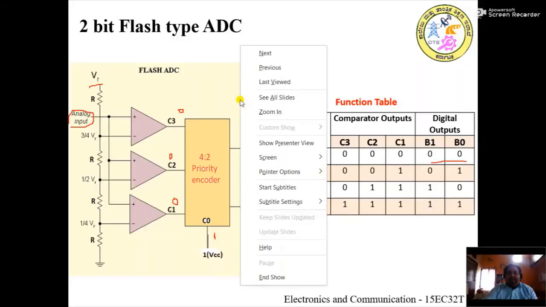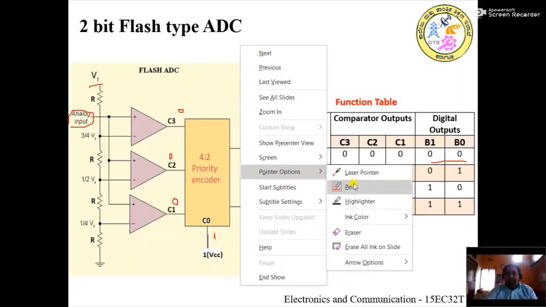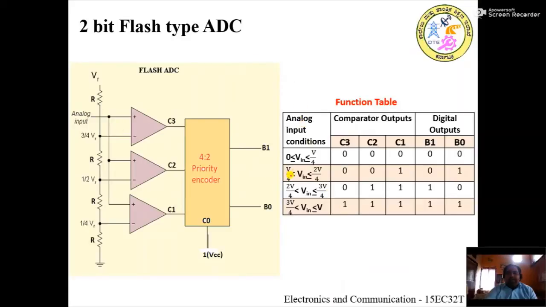In the next case, the unknown analog input voltage is greater than VR by 4, but less than 2VR by 4, that is VR by 2. So it is less than that reference voltage, but greater than the reference voltage VR by 4. If you see the operation of comparator 1, the unknown analog input voltage is greater than the known reference voltage, so obviously the output would be 1 here.